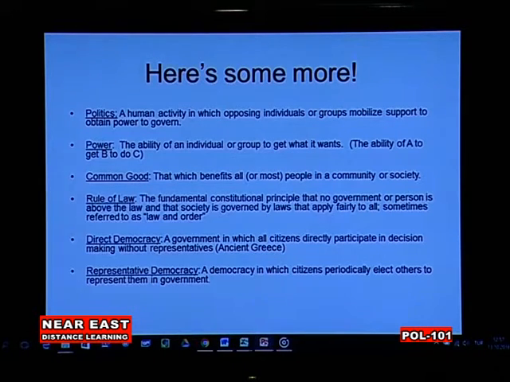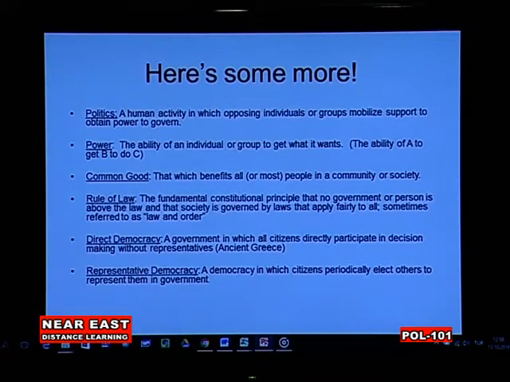Now, rule of law is also an important concept of Western democracies. As you can see, we are talking about direct democracy, representative democracy, and rule of law is also quite critical, another concept of Western democracies, or the countries that try or claim to be democratic anyway.